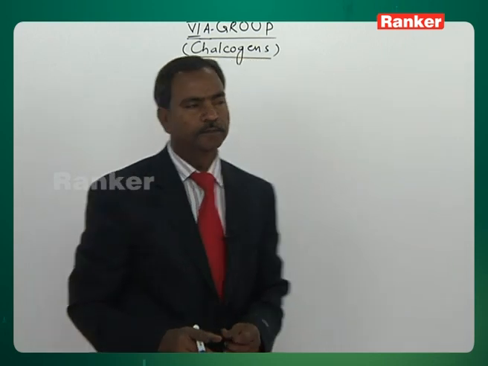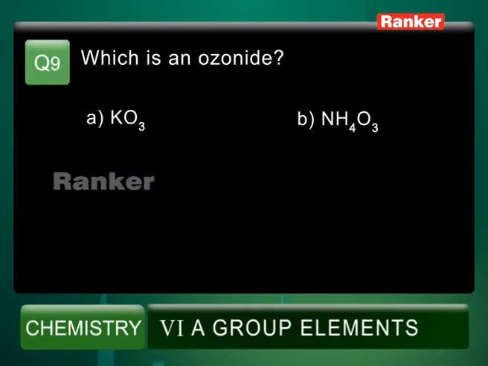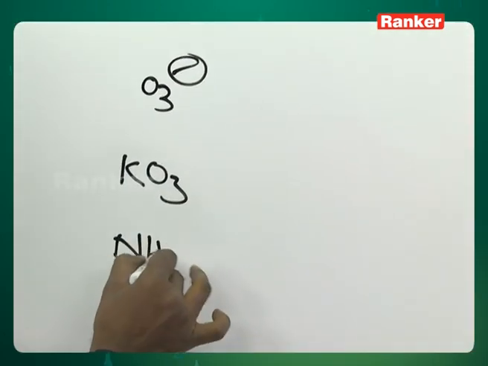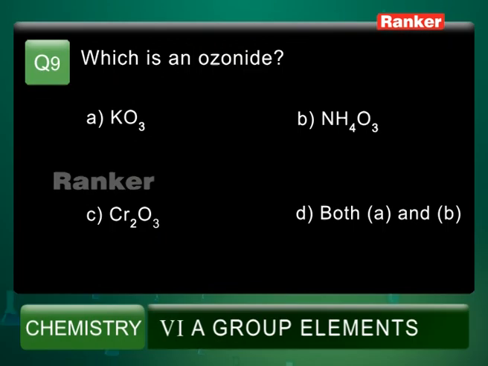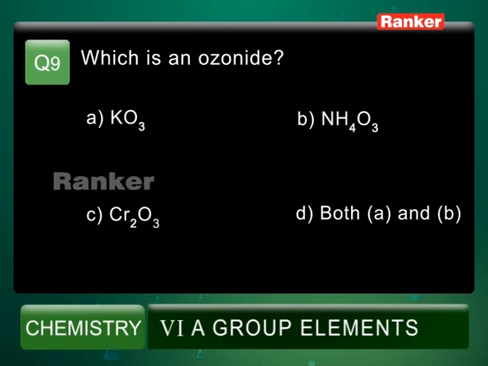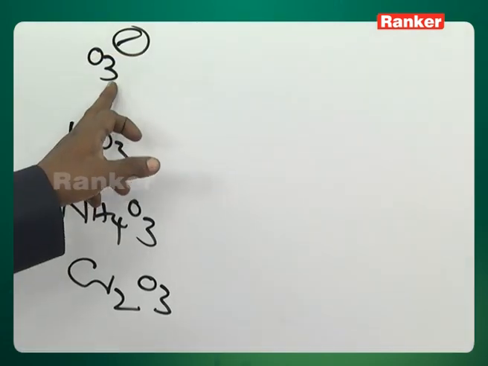Question number 9. Which is an ozonide? Ozonide means it should be O3 minus. Option A is KO3. Option B is ammonium ozonide. C is Cr2O3. D is both A and B. This is potassium ozonide, O3 minus we want.